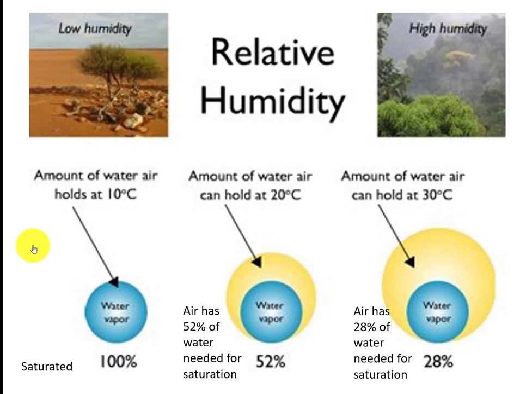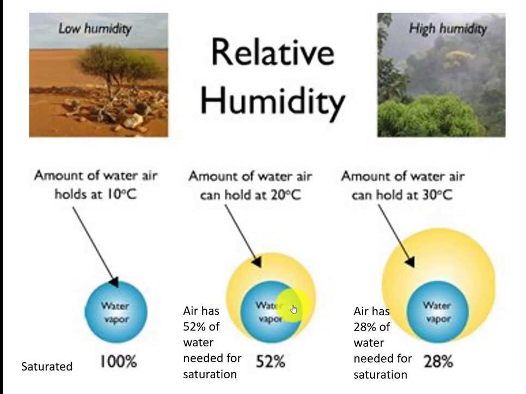Now, we tend to think of air as not having substance or mass, because we don't really feel air very much as humans, but air does have mass and it has a capacity to hold water. So if we look here, all three of these circles are the same size, and that means that the water vapor is the same in these three examples.